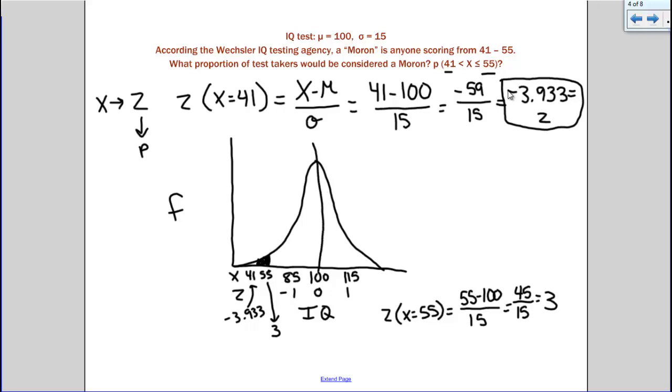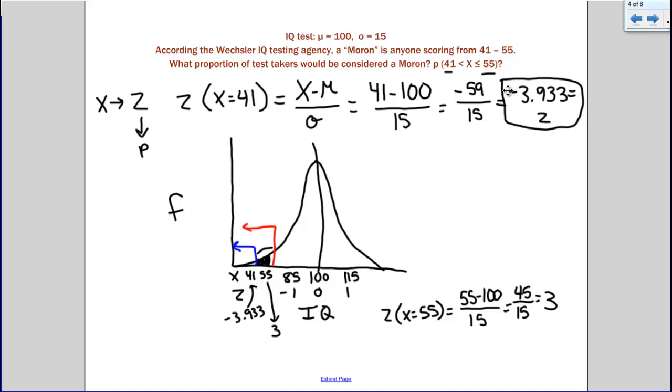So I need to isolate that portion of the graph. There are multiple ways you could do this. You could find the proportion in this tail and then subtract it from this tail, and you're left with what's in the middle. Let's do that strategy first.